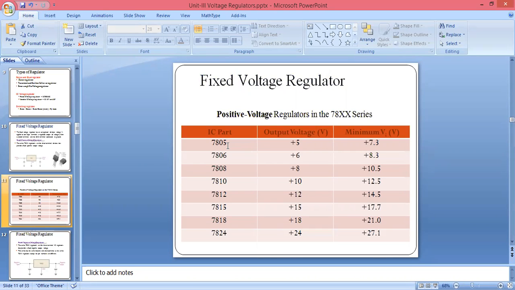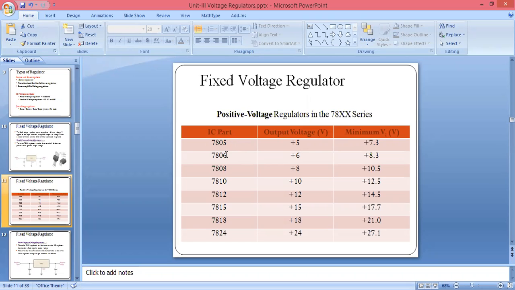So it will give us constant fixed output DC voltage that will be positive, and it will give 5 volt. If there is 7905, that time it will also give a constant output voltage, but that will be negative. So here we can say if there is a 7905, it will give negative voltage, and that will be a fixed voltage, but it will have minus 5 volt.